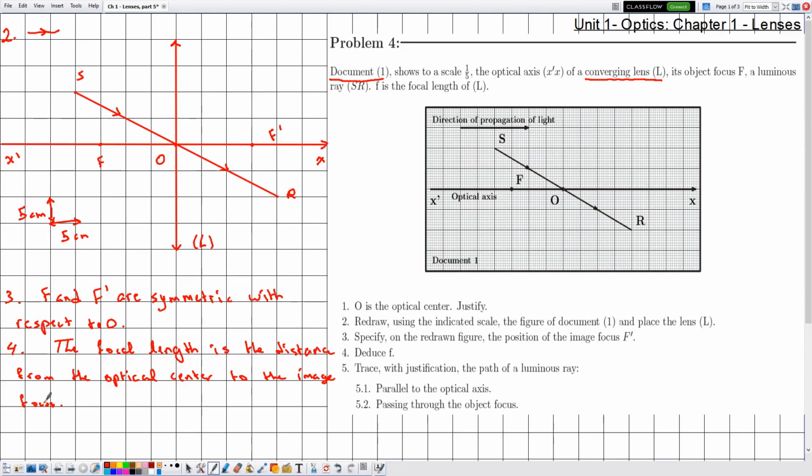And now let's calculate the focal length, which is denoted by small f, which is equal to the distance from the optical center, which is the point O, to the image focus, which is the point F prime. And we don't forget the bar because this distance may be positive or negative.